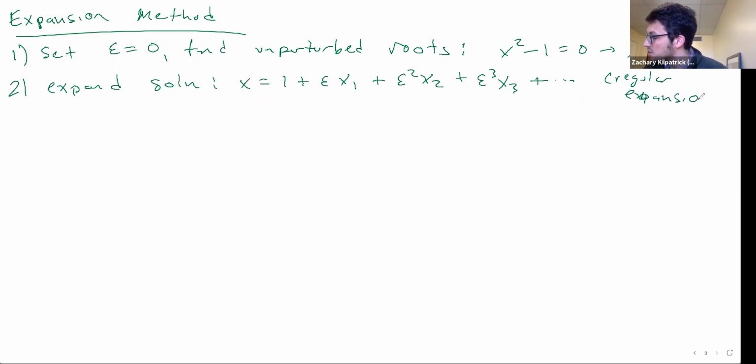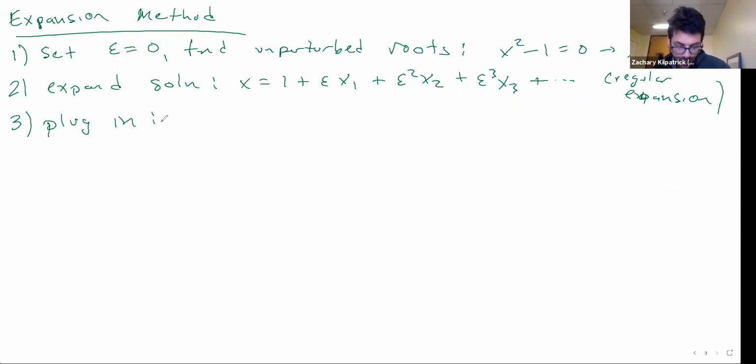Well, that's always a good first guess: a power series in epsilon, akin to what you would get from a Taylor series expansion. If epsilon is small, epsilon squared is going to be smaller, epsilon cubed even smaller, and each successive term is going to be smaller and smaller, and that's going to be some improvement on my perturbation expansion. It doesn't always work though, and we'll talk about how to solve that problem later.